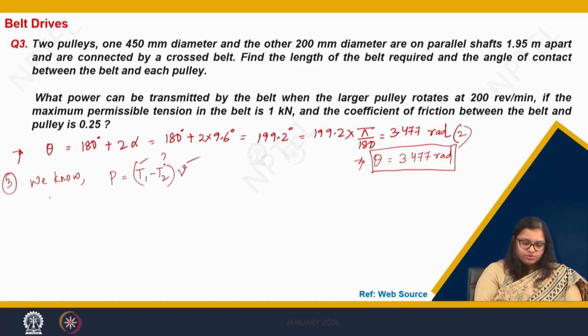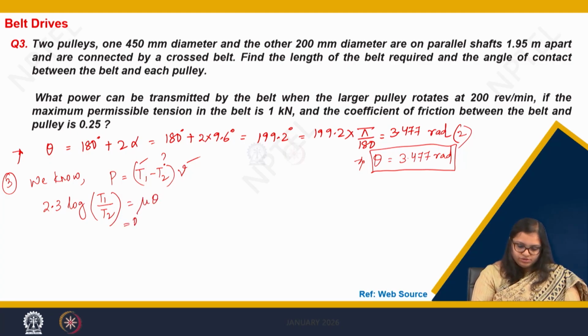We have this expression: 2.3 log T1 by T2 is equal to mu theta, which is equal to 0.25 multiplied with 3.477, which is equal to 0.8692.